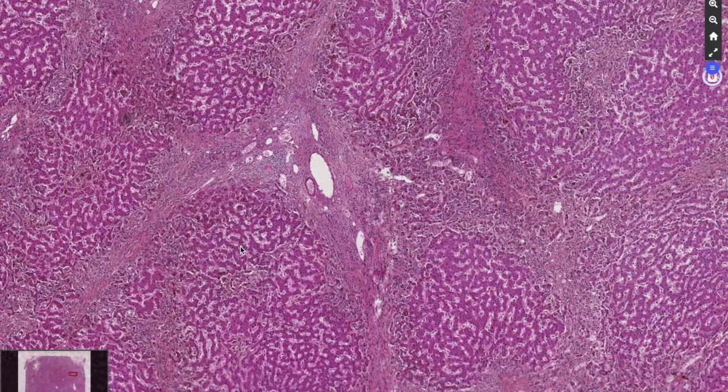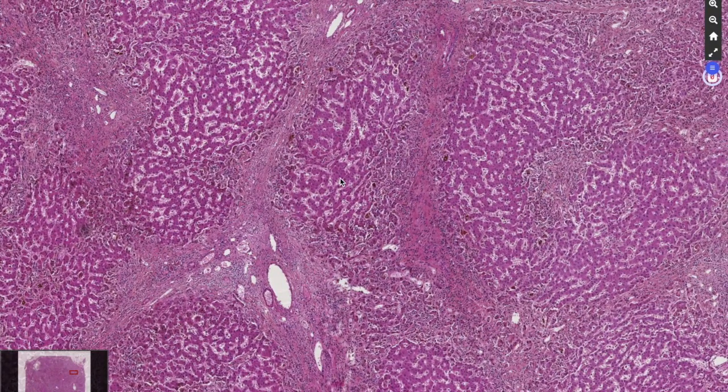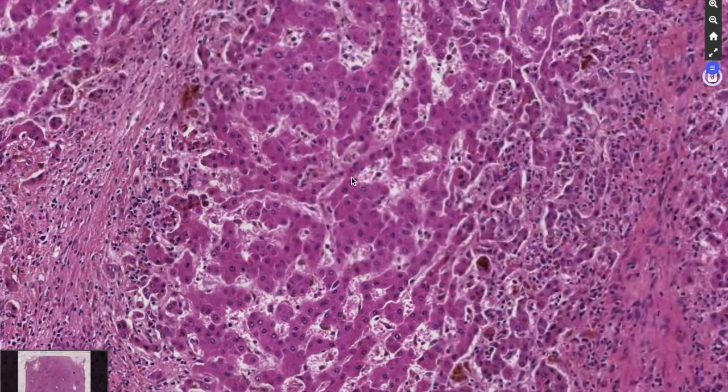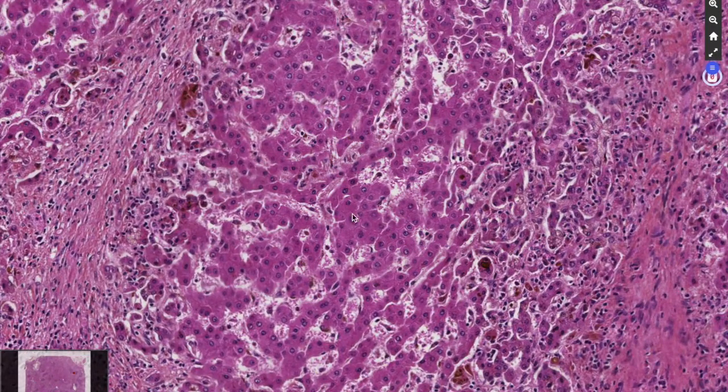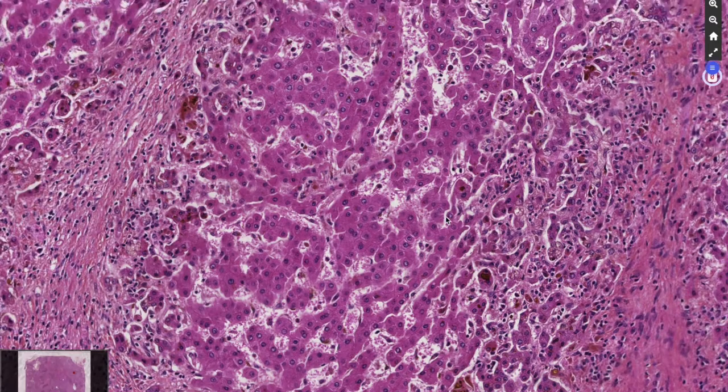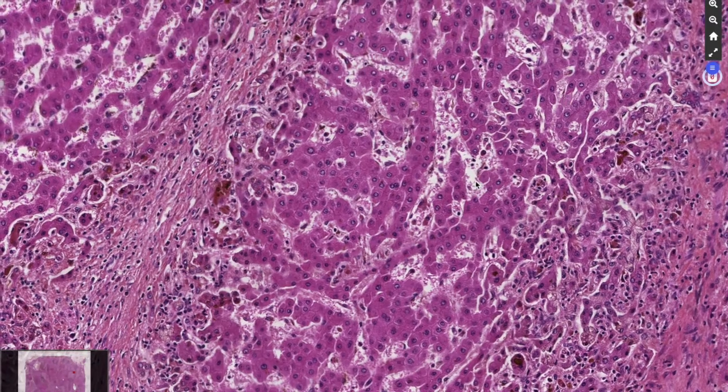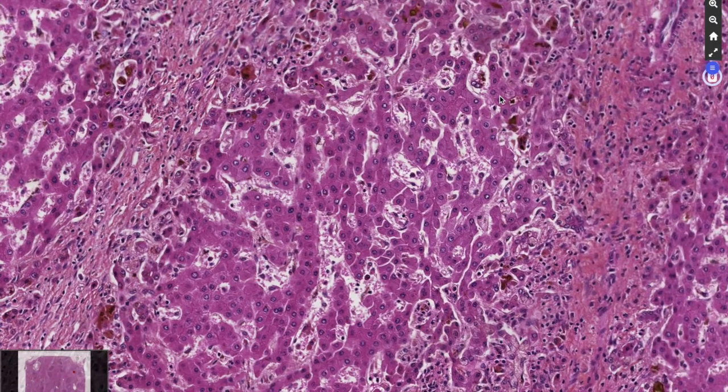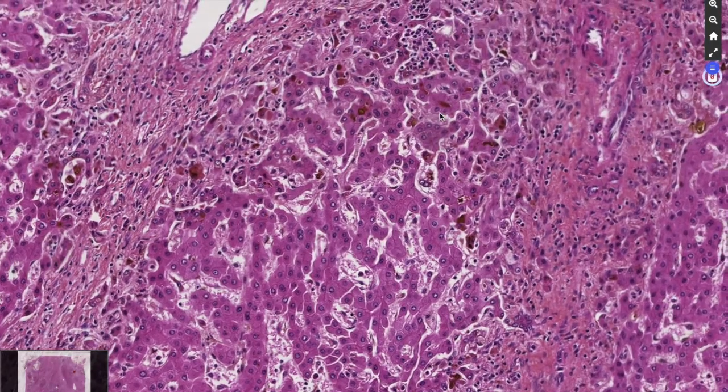So that was for the fibrotic bands, and let's take a look at the hepatocyte nodules. You can see that they look regenerative. You have some thick trabeculae, and you have also cholestasis. Here, canalicular cholestasis.